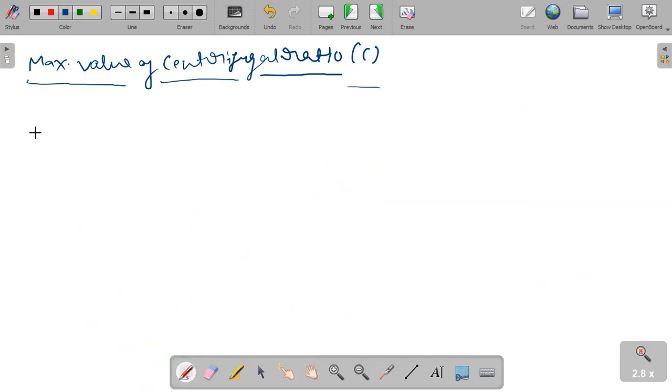So the maximum centrifugal ratio C can be determined.